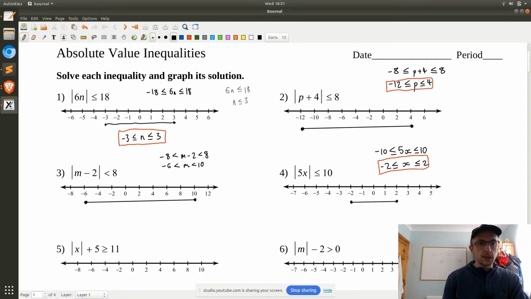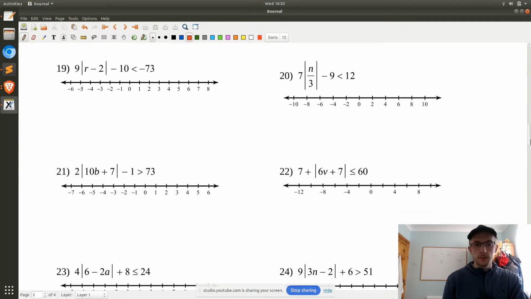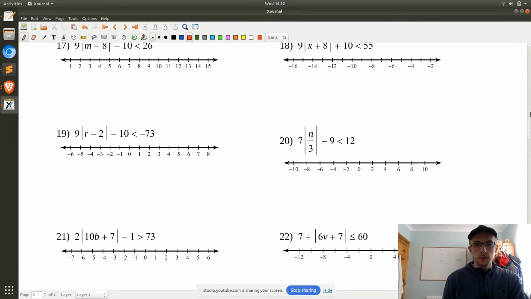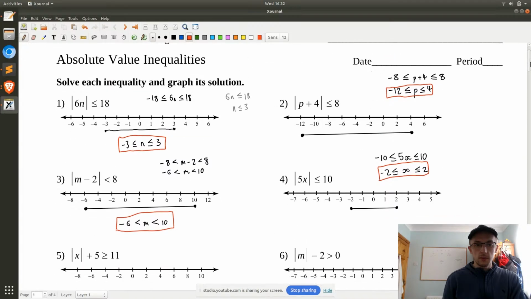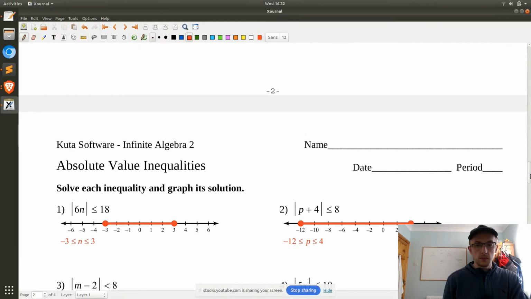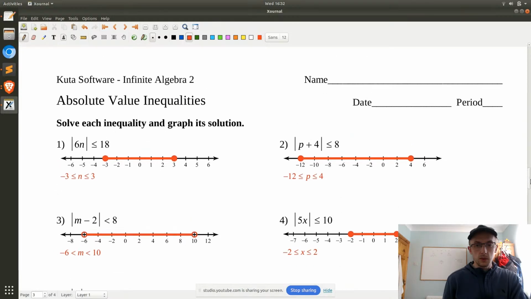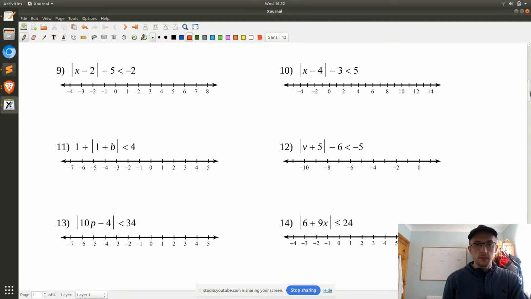It should be written down: -6 is less than m, which is less than 10. Now to check. Good for the second. Good for the third and fourth.